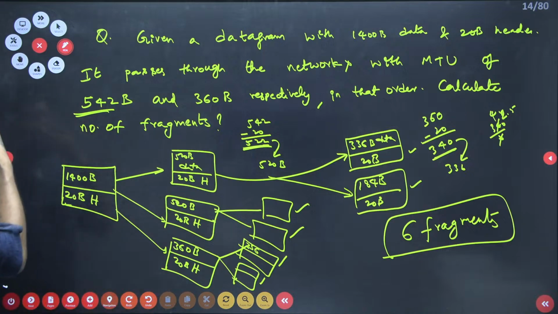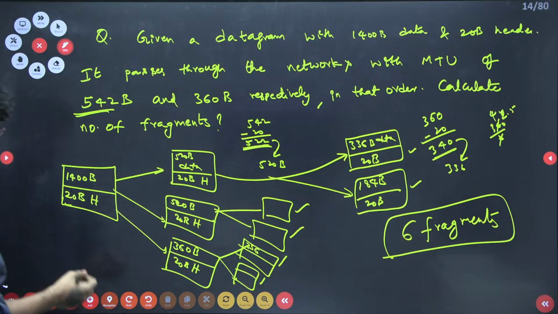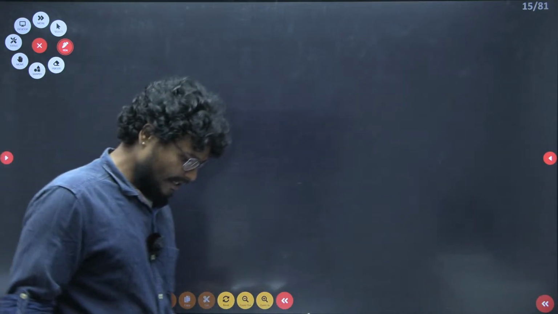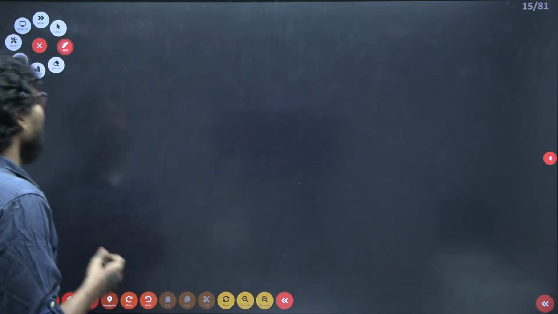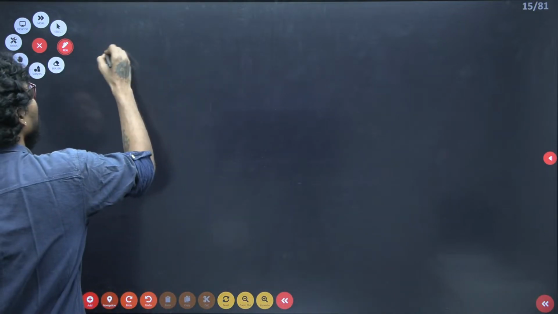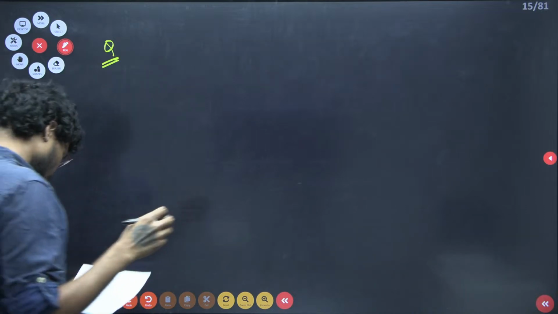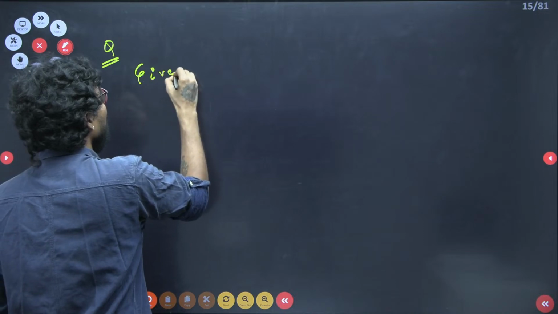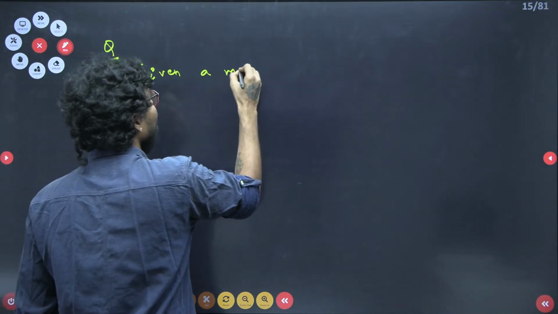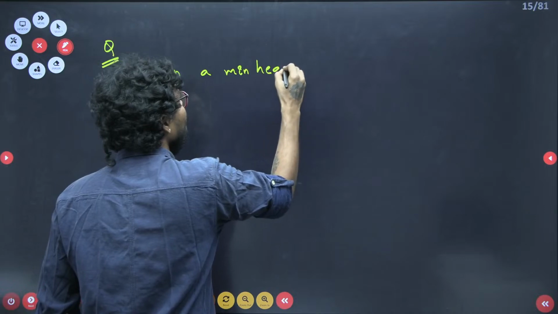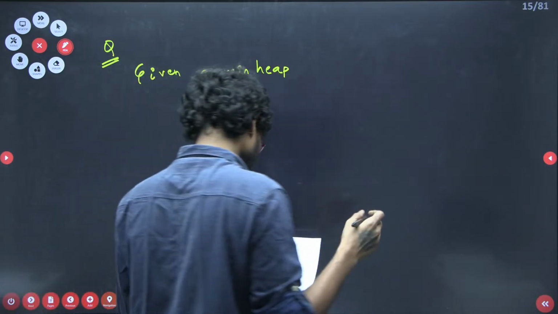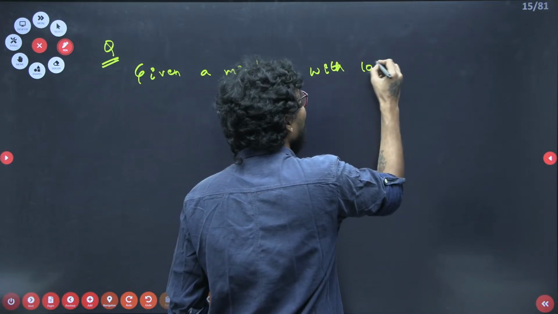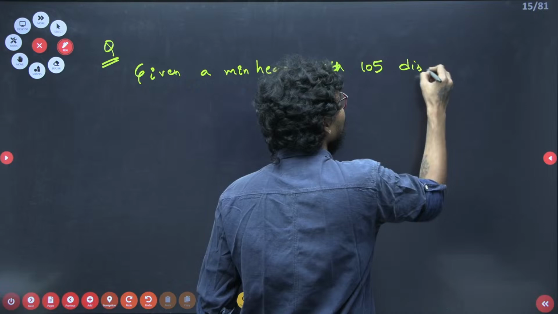So next, let us see a question from data structures again. Given a min heap with 105 distinct elements.